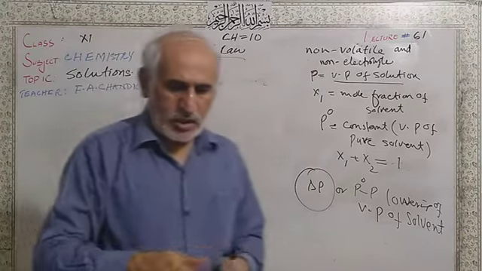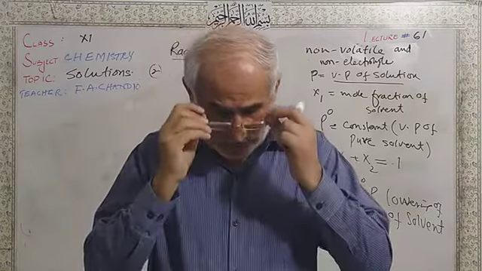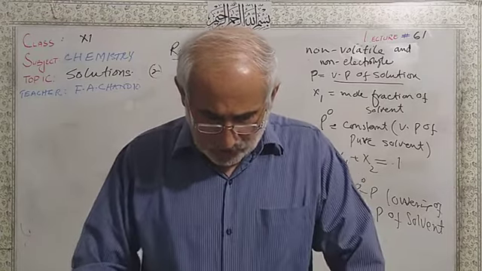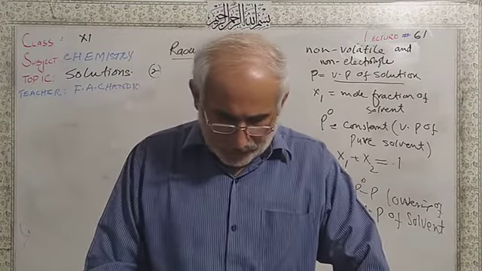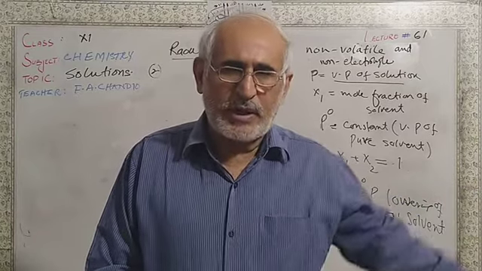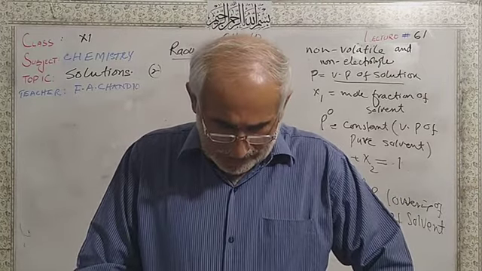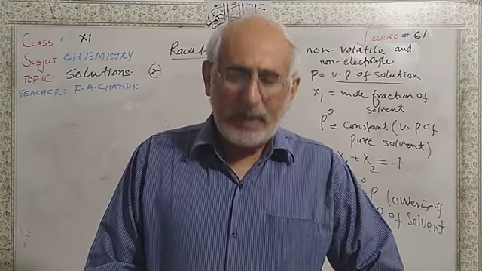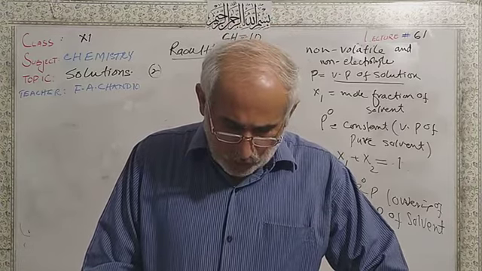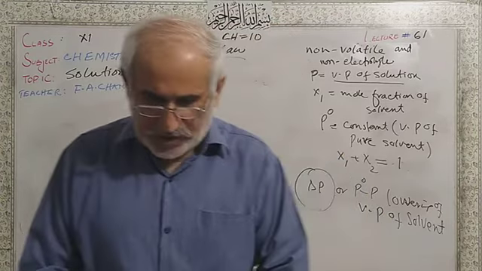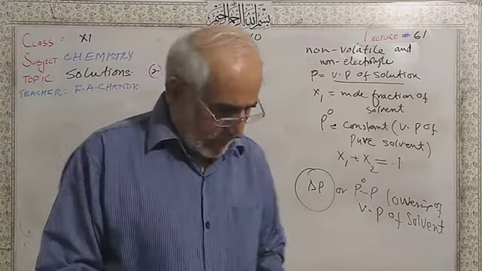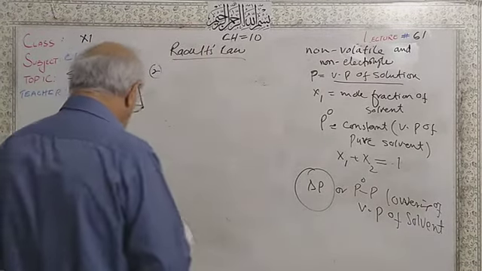You can define Raoult's law in this form. Therefore, Raoult's law can also be stated as a lowering in vapor pressure. That's why I told you P naught minus P, or delta P, is directly proportional to the mole fraction of solute.